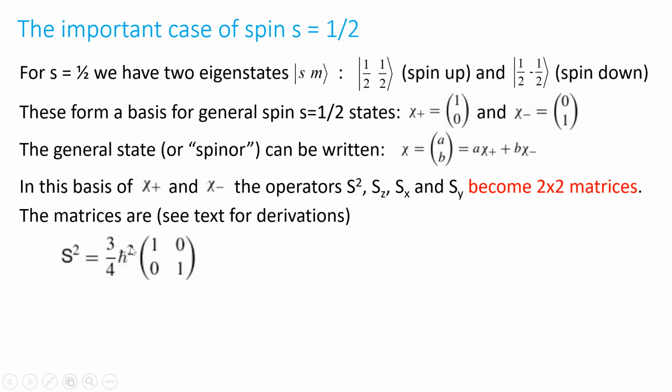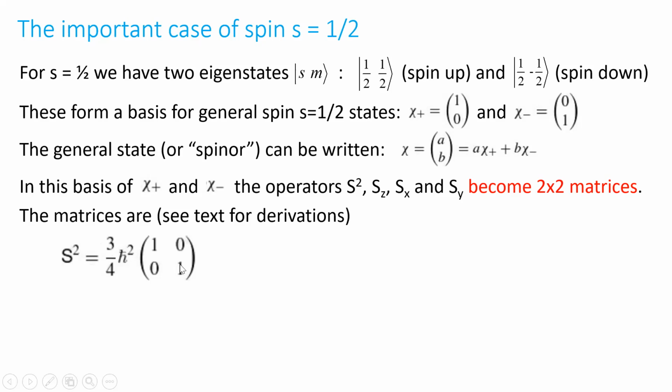But S squared is 3/4 h bar squared times the identity matrix. And that kind of makes sense because for the top element, this is the matrix element of the spin up state with S squared and the spin up state. If we operate on s equals 1/2, we get s times (s plus 1) h bar squared, which would be 1/2 times 3/2 times h bar squared, so that would be 3/4 h bar squared.